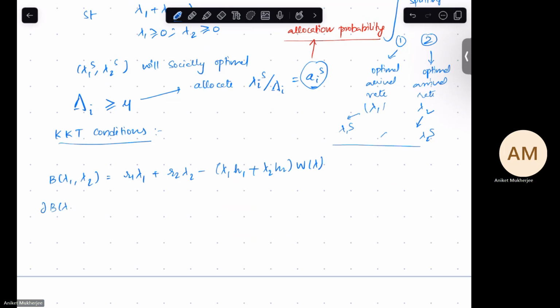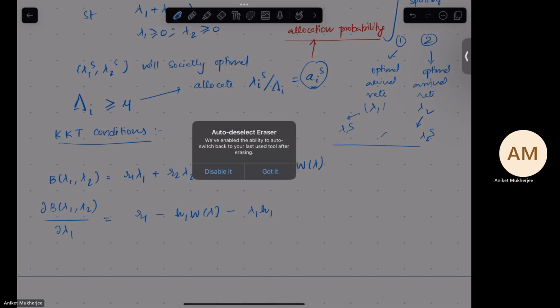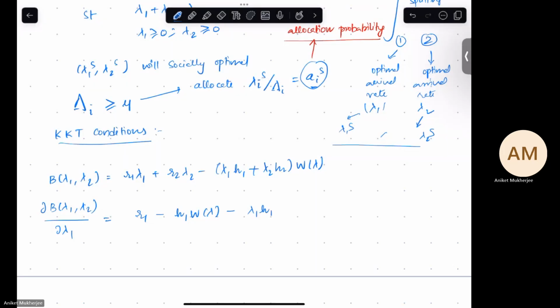If we find the derivative, then you get R1 minus H1 W(lambda) minus (lambda 1 H1 plus lambda 2 H2) W prime(lambda), because lambda is a function here, so you use the chain rule. And this is equal to 0.